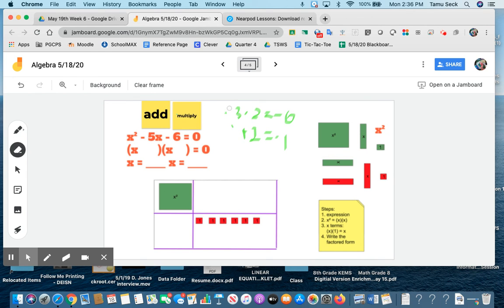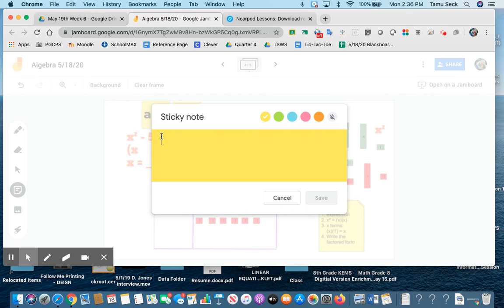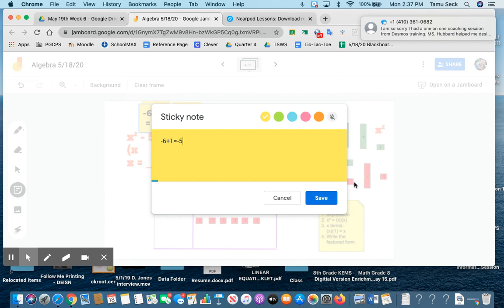Let's do -6 plus 1. -6 times 1 is equal to -6. -6 plus 1 is equal to -5.